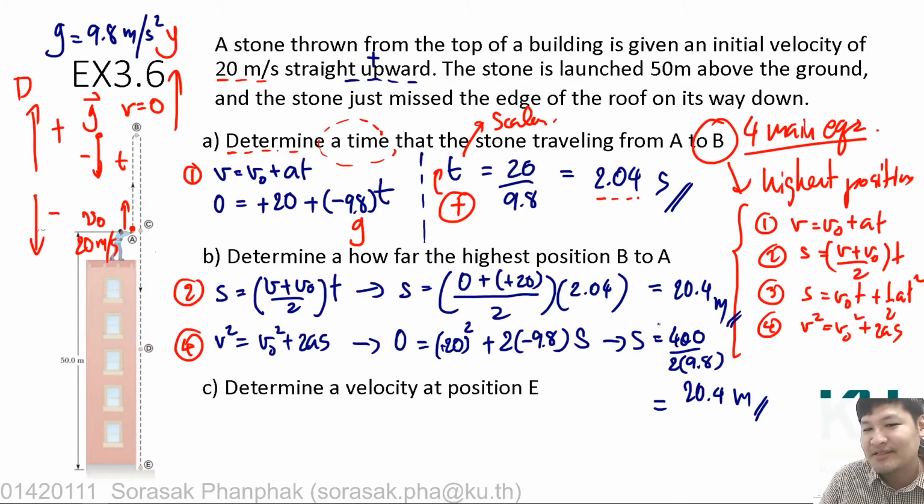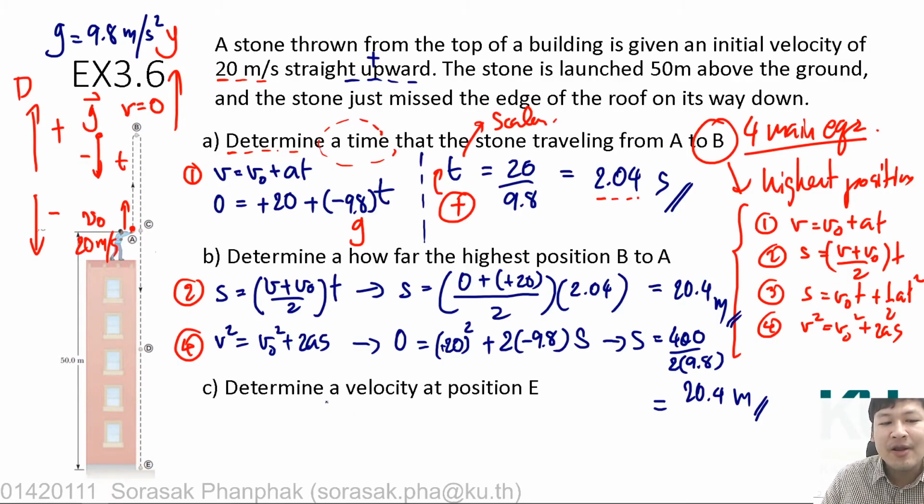So which one is easier is your choice. You can not only use one equation; any equation that has all the information here, like s, v, t, v, a, s, you can use for finding the height or the distance between A and B.